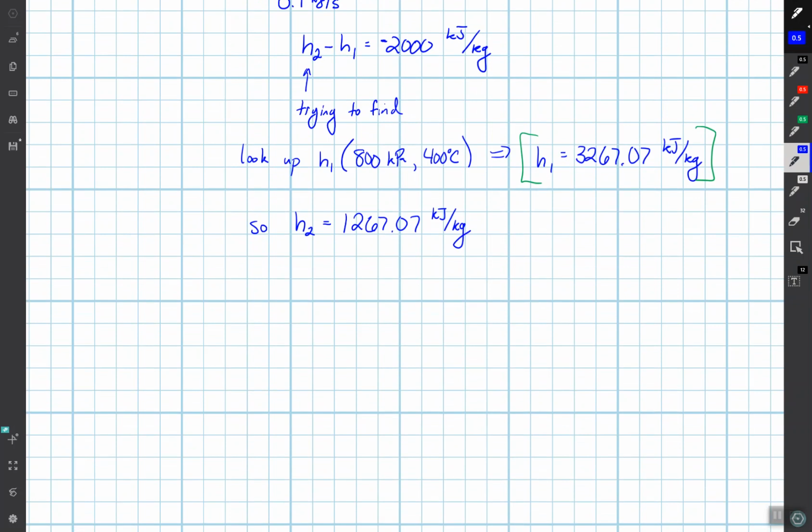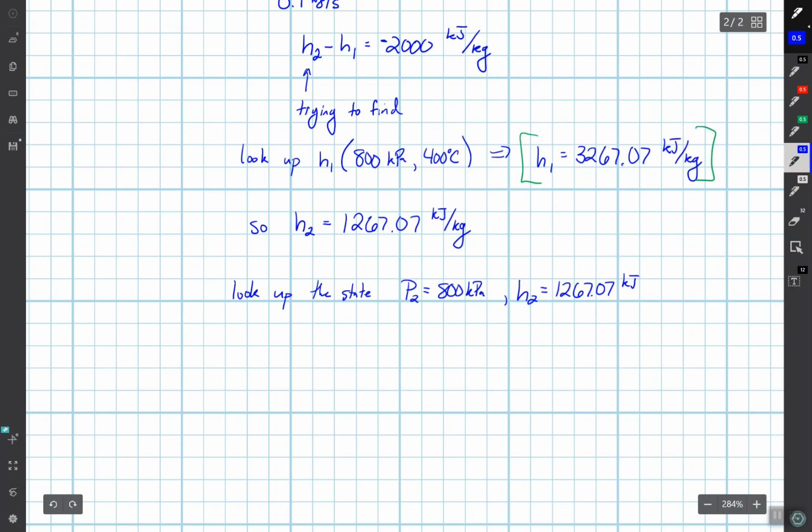And then to look up what's actually coming out, we can look up in our tables the state where we have P2 equals 800 kilopascals and H2 is equal to 1267.07 kilojoules per kilogram. So we're trying to find those two values in our table.